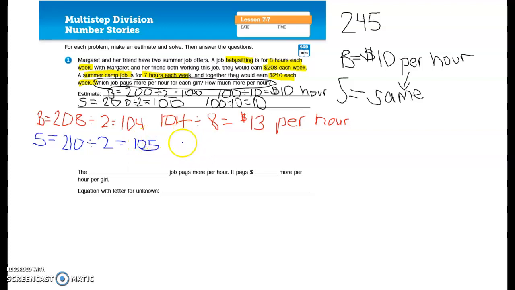And then we're going to take $105, divide that by the 7 hours that they're working. So we're taking that money that they're finding individually and dividing it by the amount of hours they're working each week. That's showing us what they're making hourly. And that's going to get us $15 an hour.